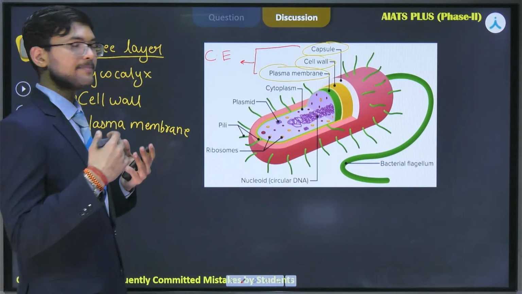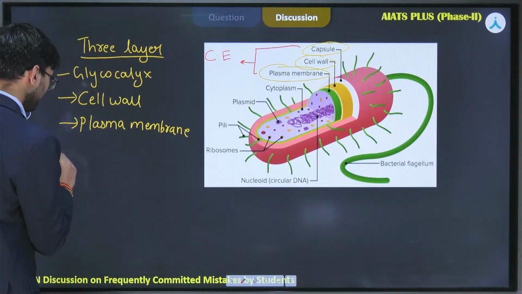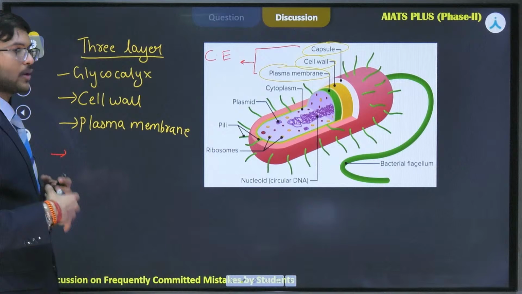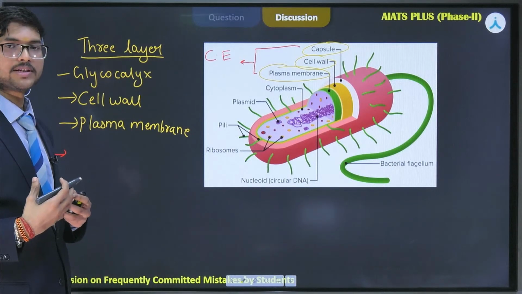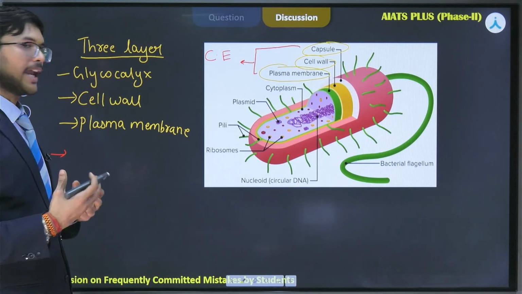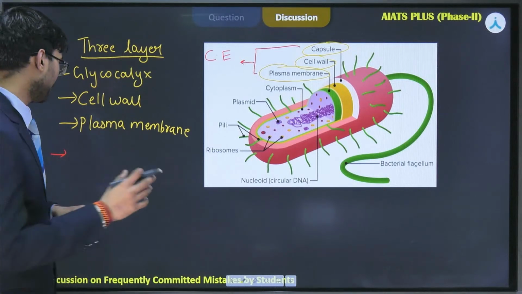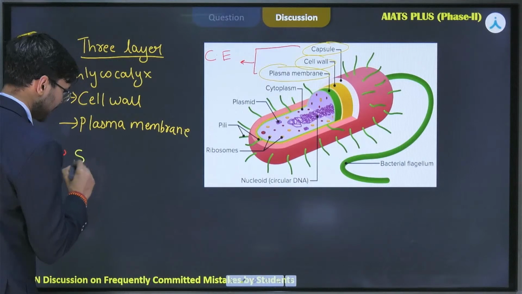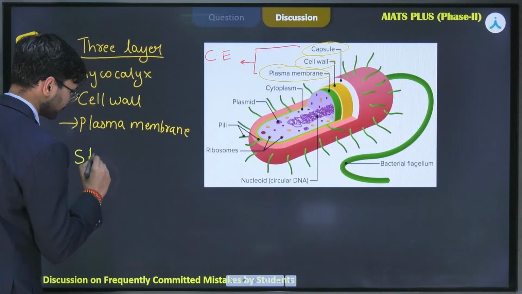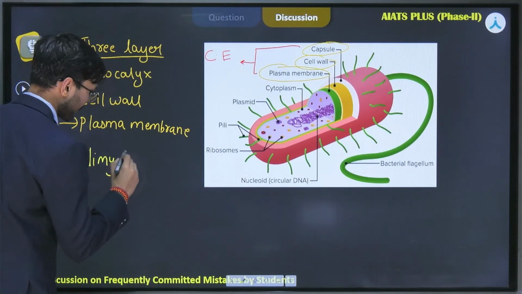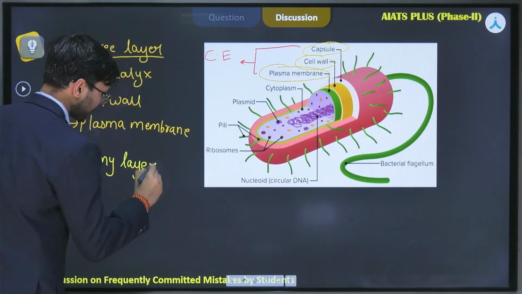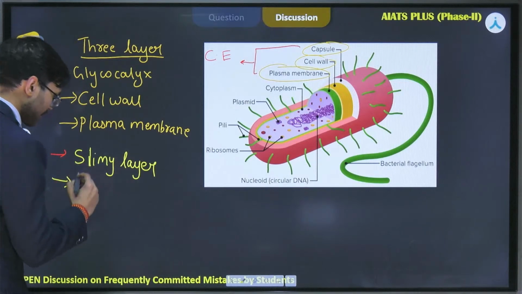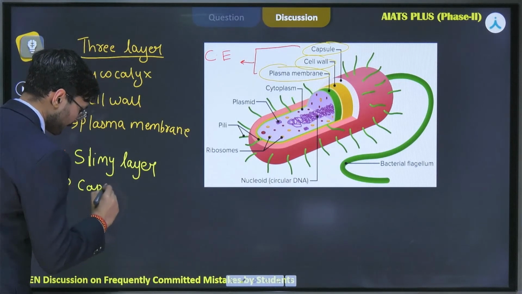Like in the case of glycocalyx, it is a quite complex material which can be a thick or slimy layer. If it is a loose sheet, then it forms a slimy layer, and if it forms a compact, thick and tough structure, then it forms a capsule.